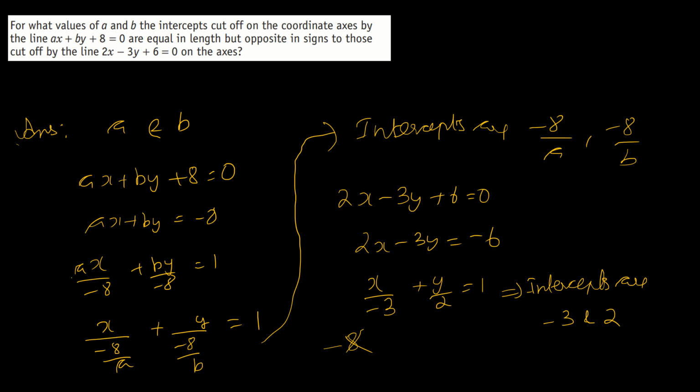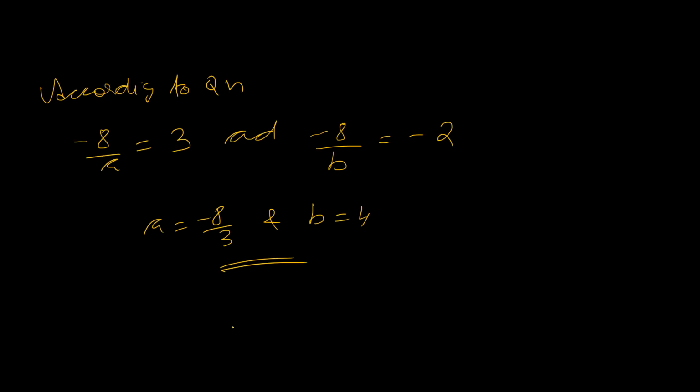Likewise, the y-intercept of the first line is equal in length but opposite in sign to the y-intercept of the second line. Simple. So I compare those two equations, and I will get the values of a and b. That's it.